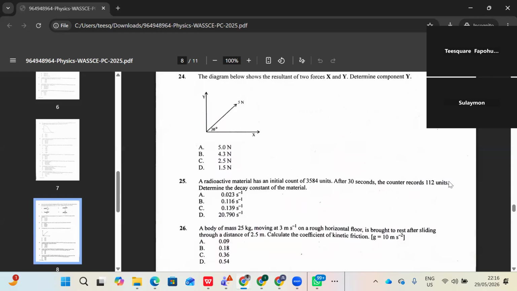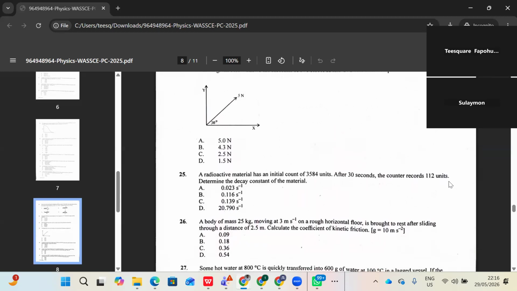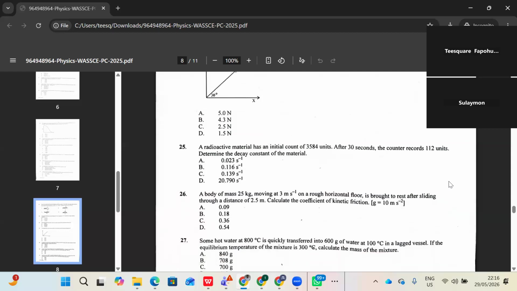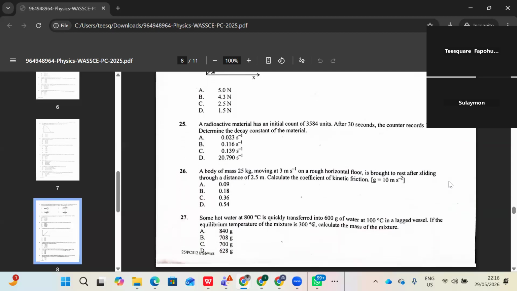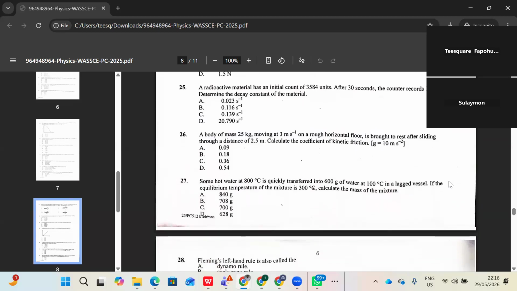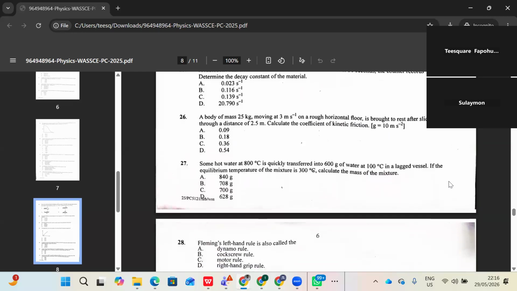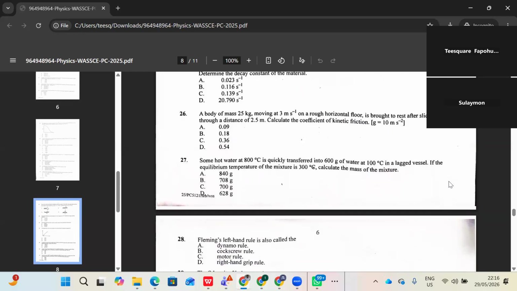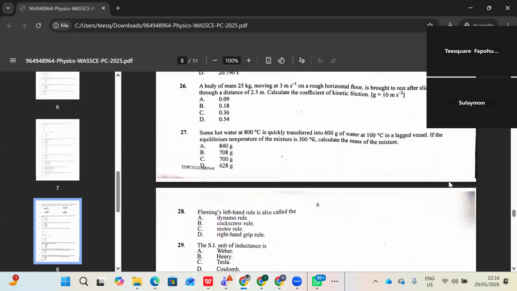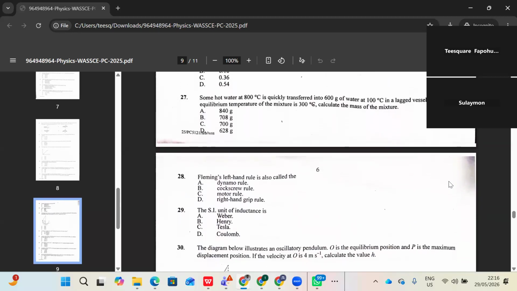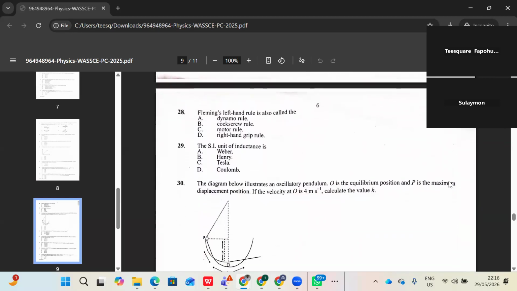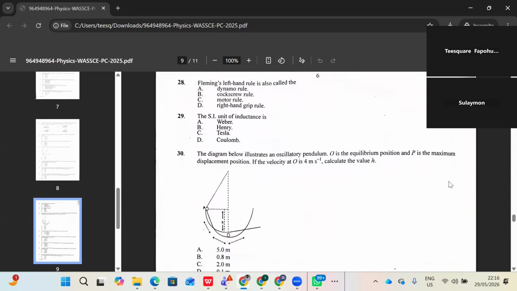So this goes on further. You have resultant force in mechanics, and then decay constant, like your radioactivity, you calculate decay constant as well. Then coefficient of kinetic friction, that's under your friction, your mechanics. If I move quickly, you're going to see questions on Fleming's left-hand rule, under your magnetism.